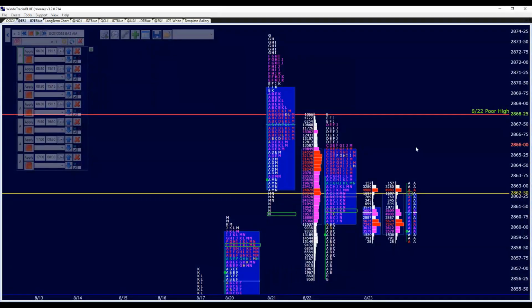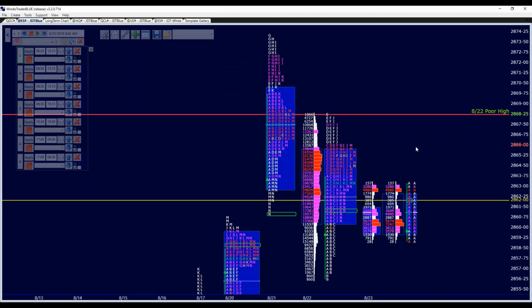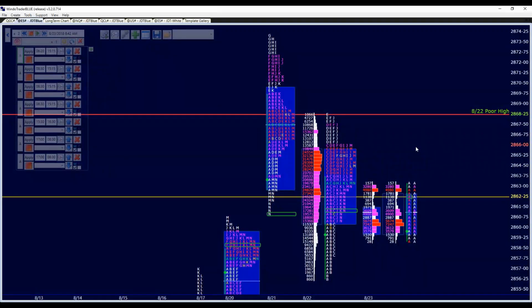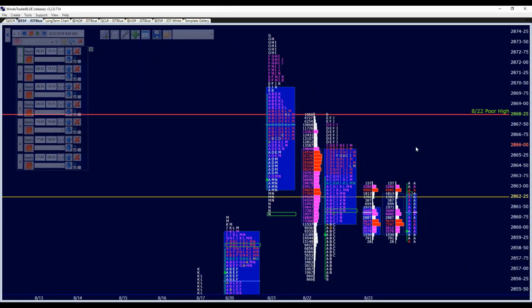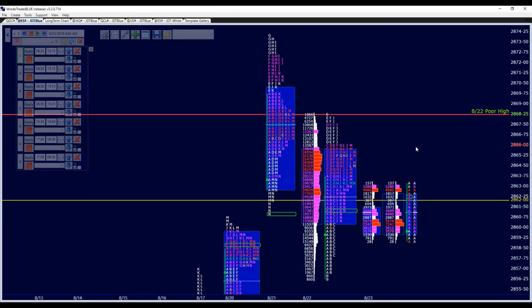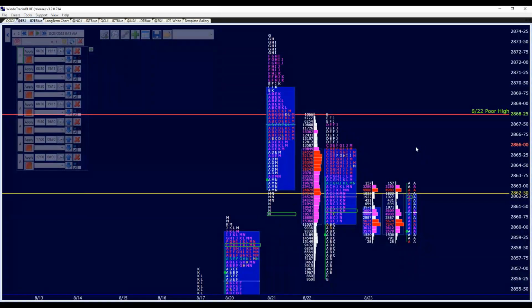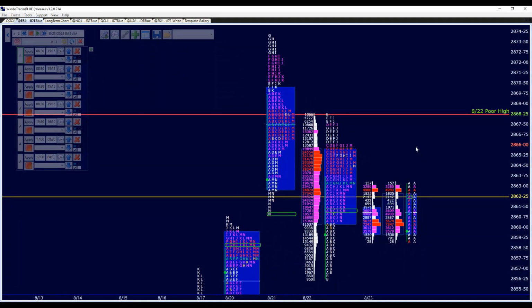So just because you get to a high and the market stalls, that doesn't mean it's going higher that day, but it means the auction's not completed. When you go to an auction, if the auction has been run successfully, you should get excess. So if it goes up, for example, and it's a completed auction, it should drop away from it very quickly.